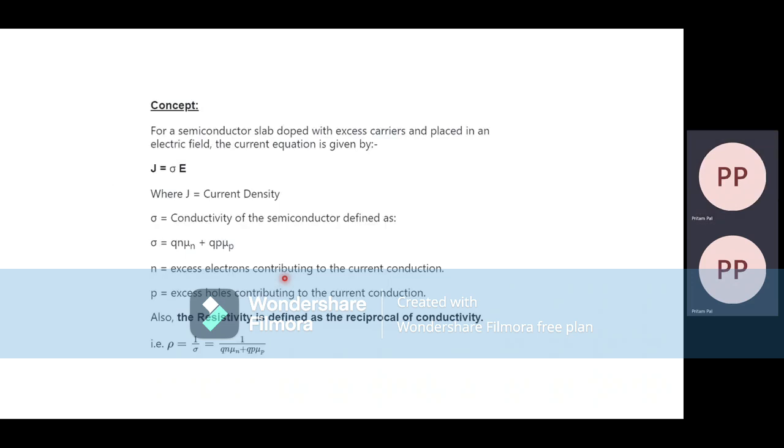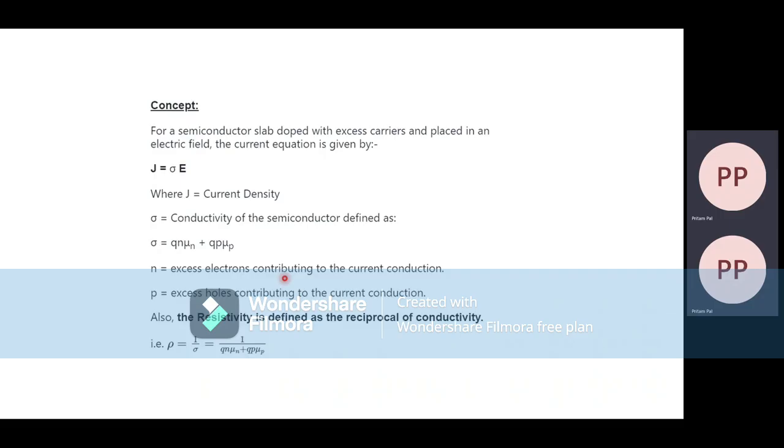So the concept is basically for a semiconductor slab doped with excess charge carriers and placed in an electric field. The current equation is given by J equals sigma times E, where J is the current density and sigma is the conductivity of the semiconductor, defined as sigma equals q n mu n plus q p mu p.